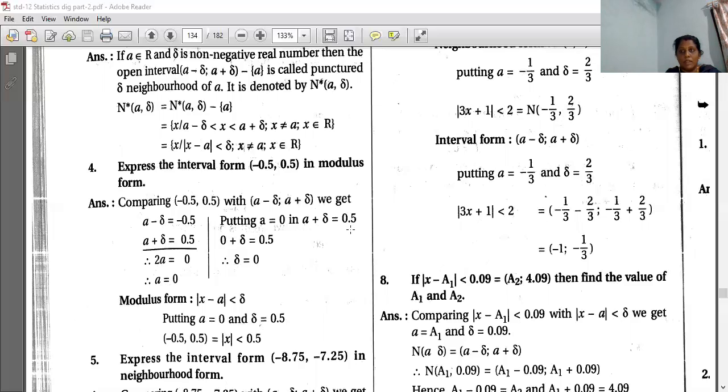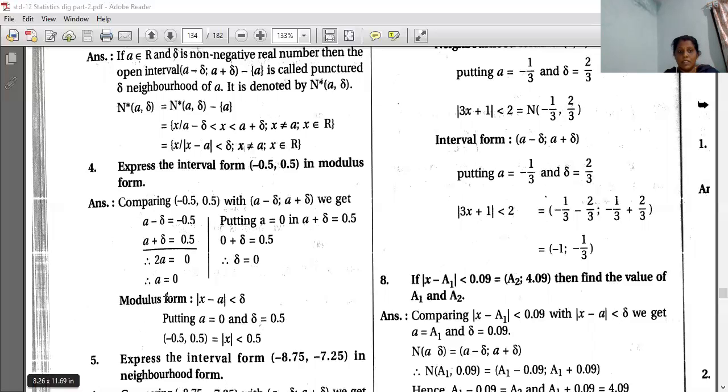You can take any of the equations, but in most places you have to avoid the equation with the minus sign, to avoid complications. Some difference is not going to happen, but still. So A plus delta equal to 0.5 and delta is equal to 0.5.